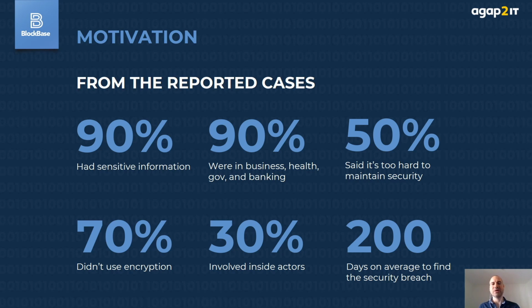So this is a lot. 1 in every 3 cases involves an inside actor. It's huge. And usually it took about 200 days to find the data breach when it was found. So in many cases, it is never found. We never know it ever happened, right? So there's a big problem with computer security and with data security in general.